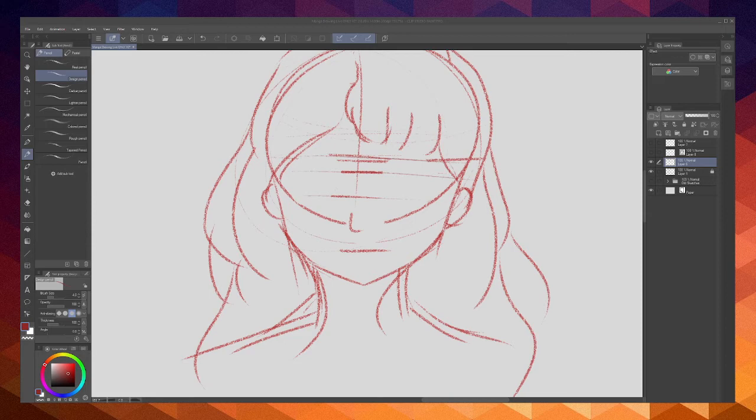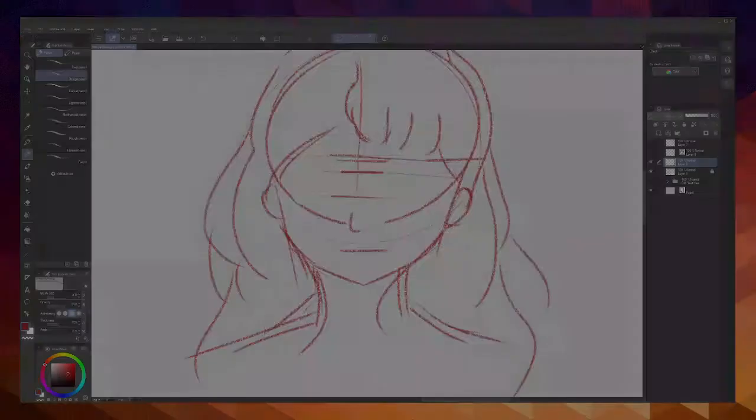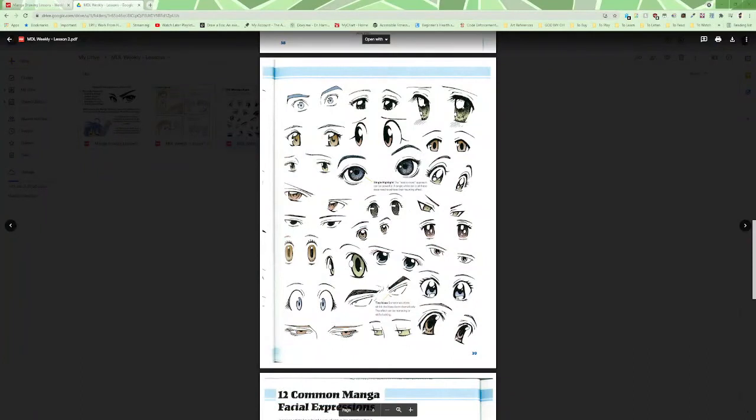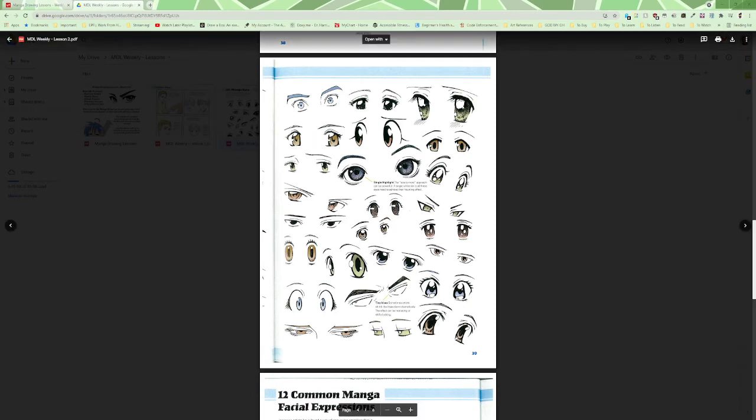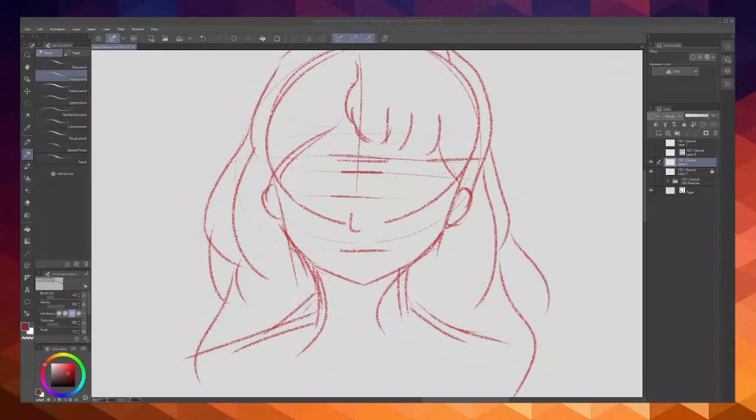Let's go for the default cheerful eyes. We're going to do this nice big one in the middle. You're not going to see it because it's going to switch over to CSP.